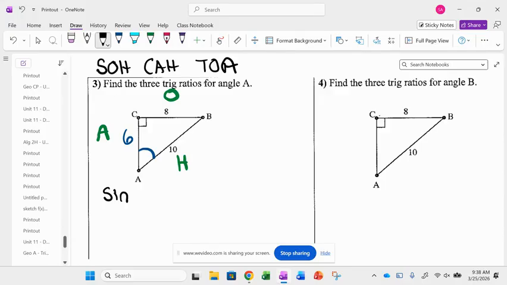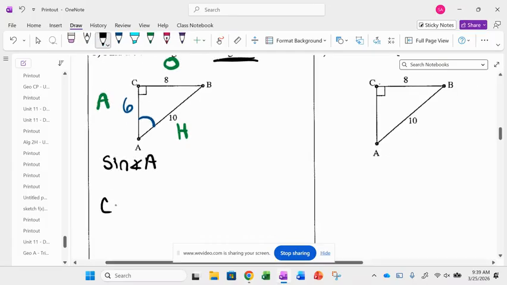Find the 3 trig ratios for what? For angle A, so what does that mean? Sine, not just sine by itself. It can't be by itself. It's sine what? Angle A. It always has to be with an angle.